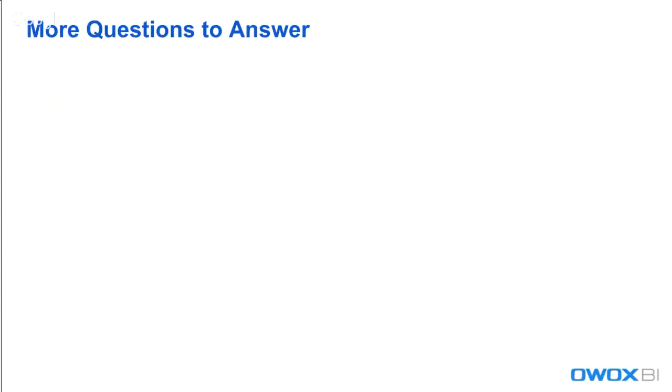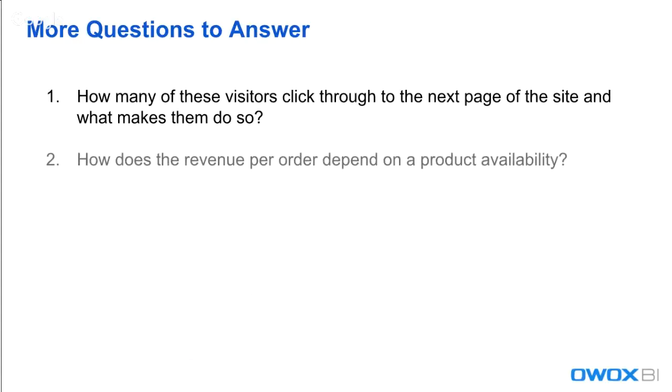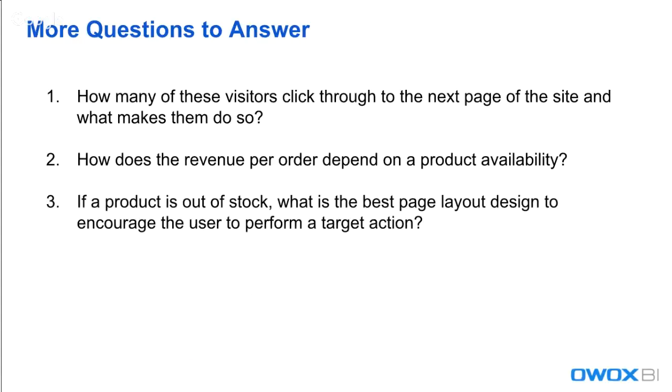For example, how many of those visitors click through to the next page of the site, and what makes them do so? And how does the revenue per order depend on product availability? In case a product is out of stock, what is the best layout to offer your customers to encourage them to do the next target action?